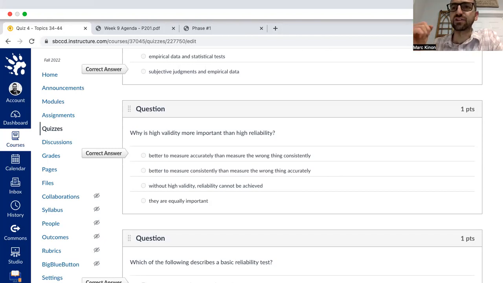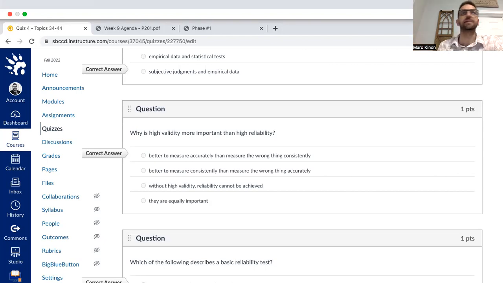Well, is it valid? I weigh 200 pounds, so if it says 200, then it's pretty good. It means it's valid. So that's high validity.